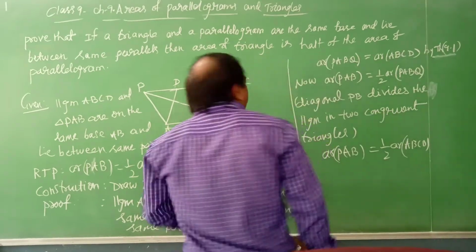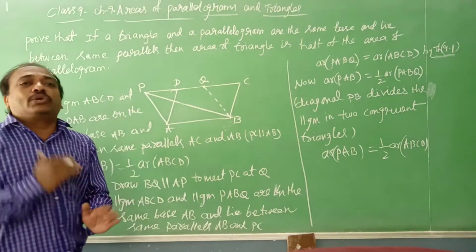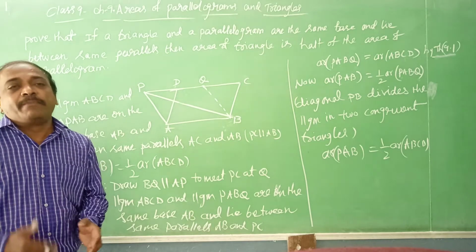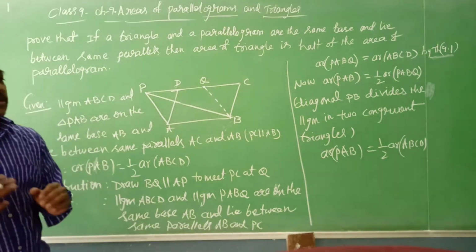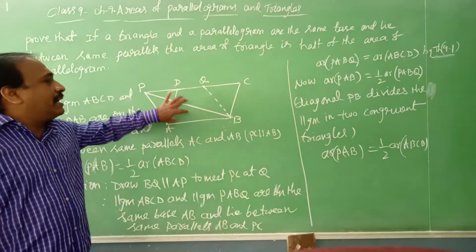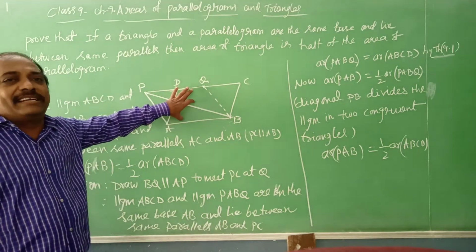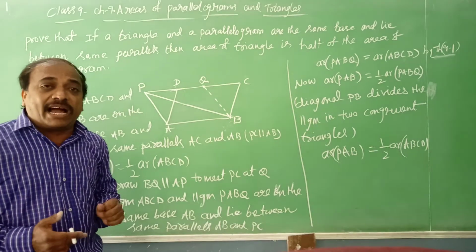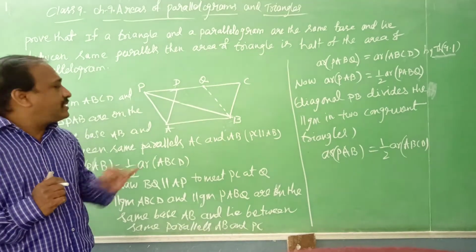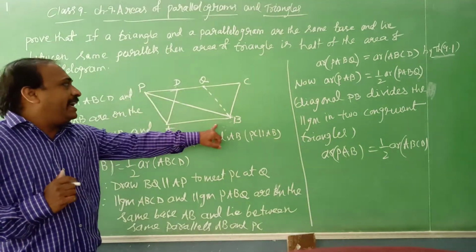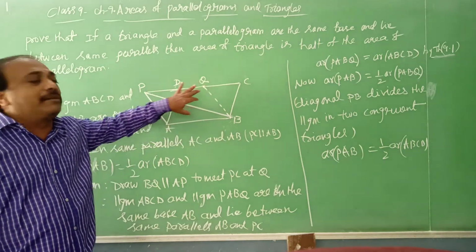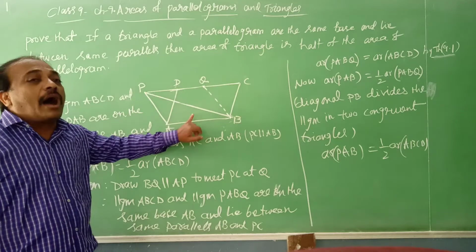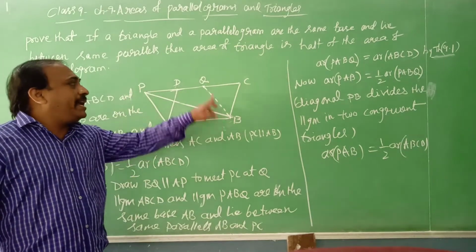Because a diagonal of a parallelogram divides it into two congruent triangles. In the 8th chapter we discussed this. Congruent figures have equal areas. So the area of PAB equals the area of PBQ, which means PAB is half of PABQ.